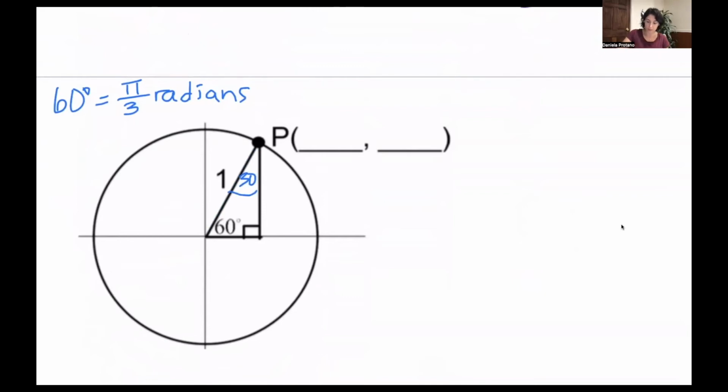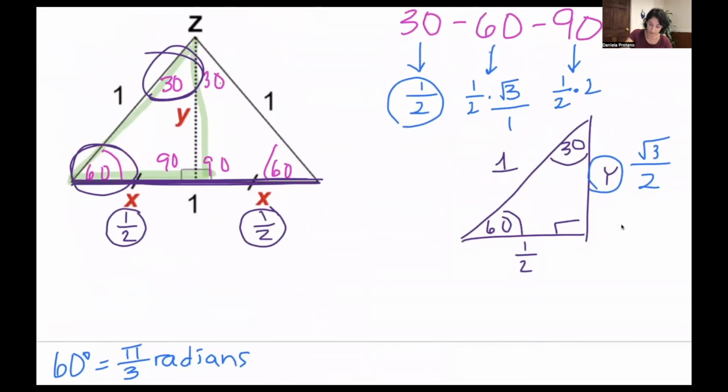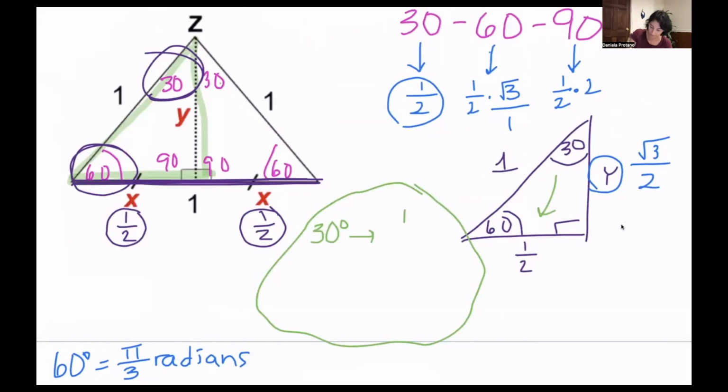Okay, so keep in mind up here, maybe I can do this. This is going to be a little cheat sheet. Across from the 30-degree angle is 1/2. Across from the 60-degree angle, we saw that the value was square root of 3 over 2.